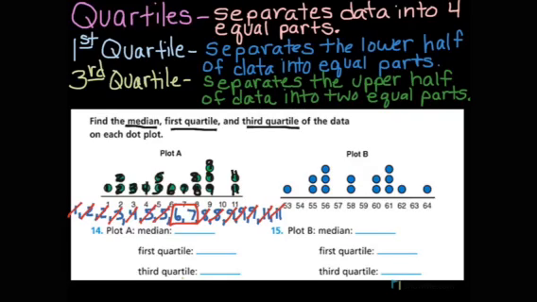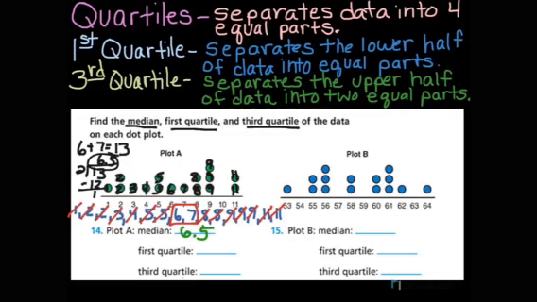So if I end with 2 numbers in the middle, I'm actually going to average them. So 6 plus 7 gives me 13. 13 divided by 2 gives me 6 and a half. So my median, I'll write it in green so we can see it, of plot A is 6.5.